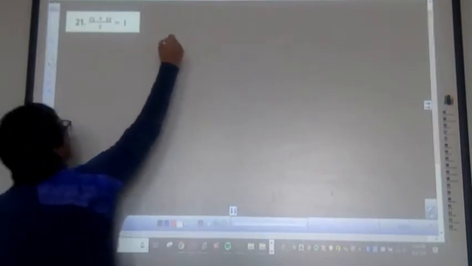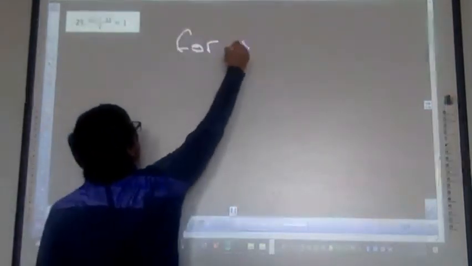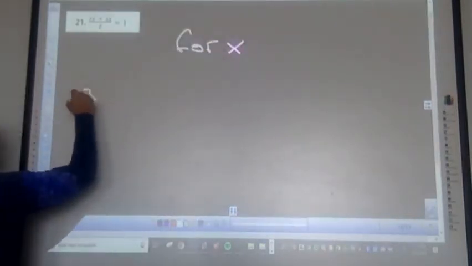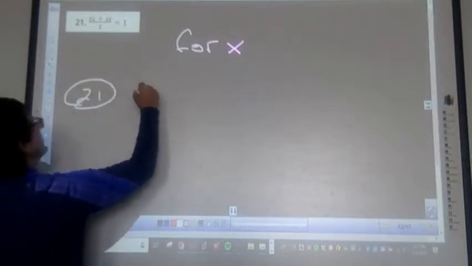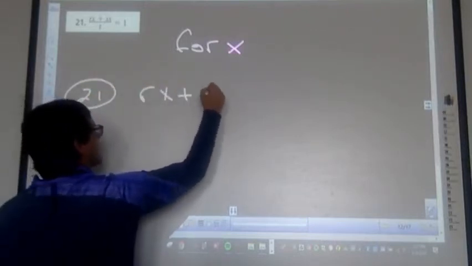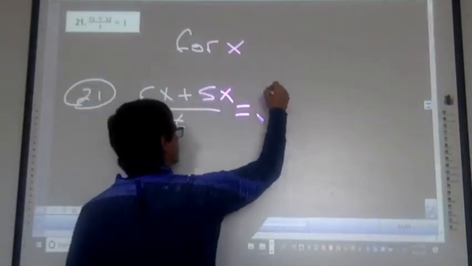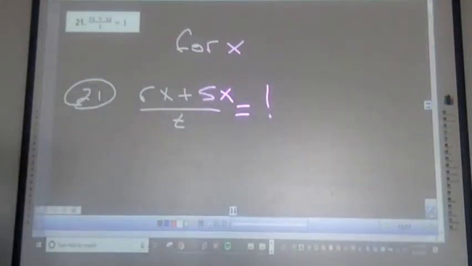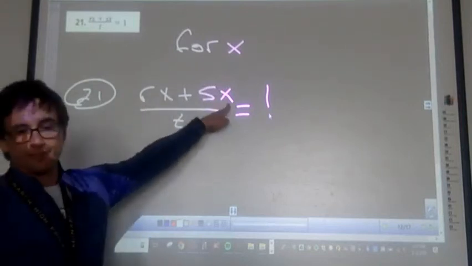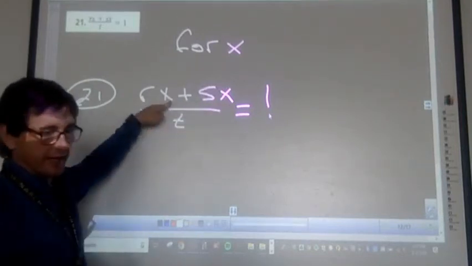Okay, so 21, again, we're solving for x. So you have rx plus sx over t equals 1. So I want to get this. I have 2 x's. I want to get it down to 1.